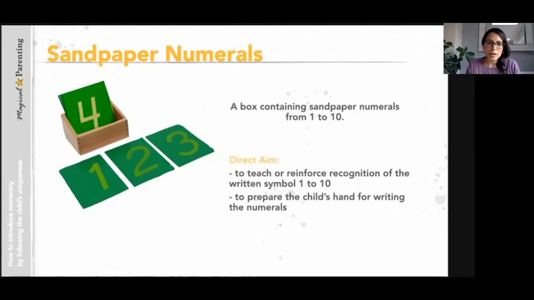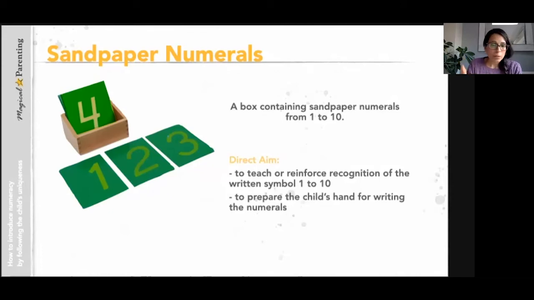The aim here is to teach or reinforce the recognition of the written symbols from 1 to 10, and to prepare the child's hand for writing these numerals, because they will start to build in their head the image of the number by feeling it with their senses. We were talking before about the importance of the concrete, and senses, and touching, and all the senses actually involved in this.